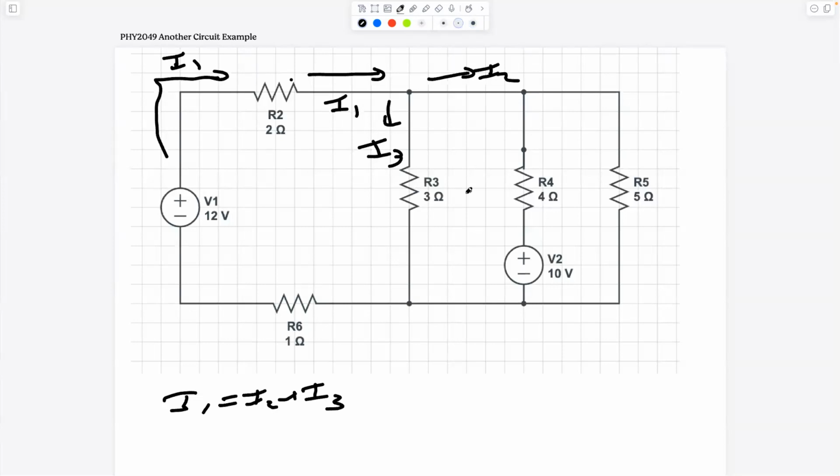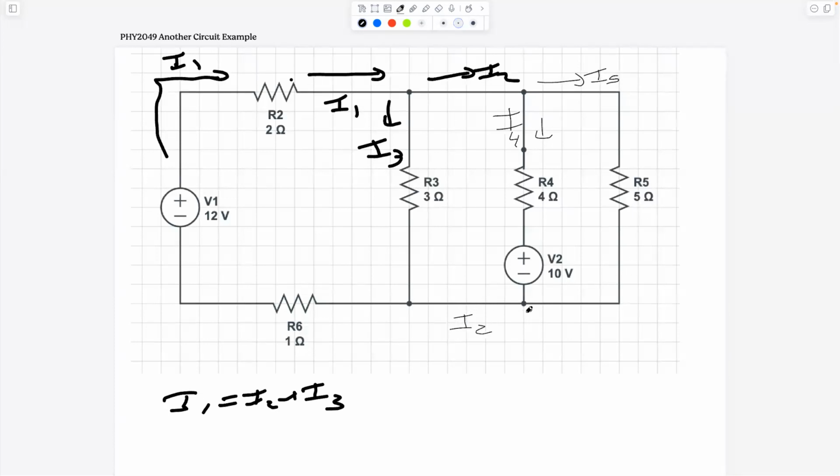I'm going to thin that down a little bit here. There we go. Okay, so now let's follow these around. Oh, look, I2 is going to split right here into I4 coming down and I5 coming over, because we've got a junction. So I4 is going to flow down here, I5 flows around, those join back up again.